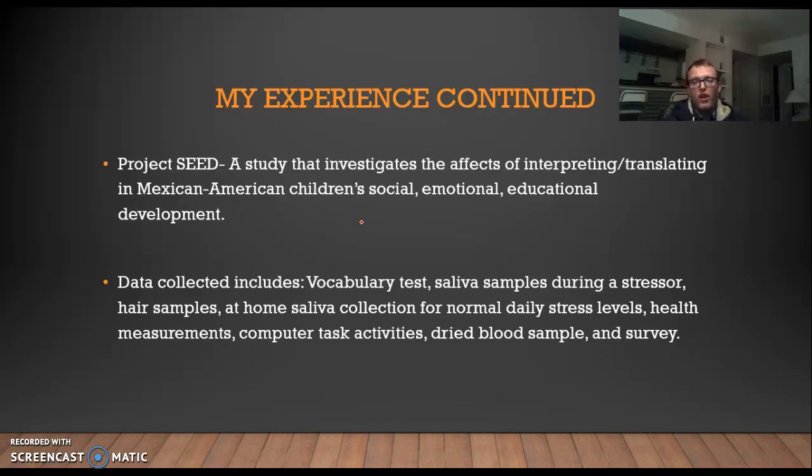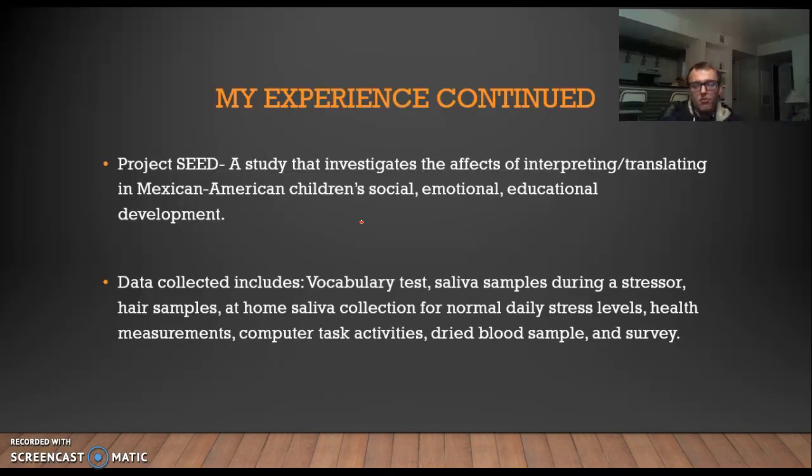And then we also do hair samples with the same hormones, but this will tell us how much stress they've been experiencing in the last 3 to 6 months, whereas the saliva samples will give us the stress they were experiencing 10 minutes ago. Then we also do at-home saliva collection because we need to compare the saliva samples of the stressor to a normal daily value of stress, to see the difference between their normal and a stressful situation.